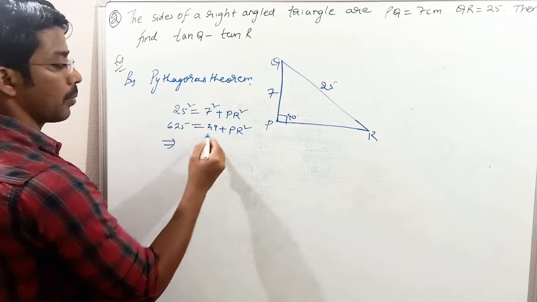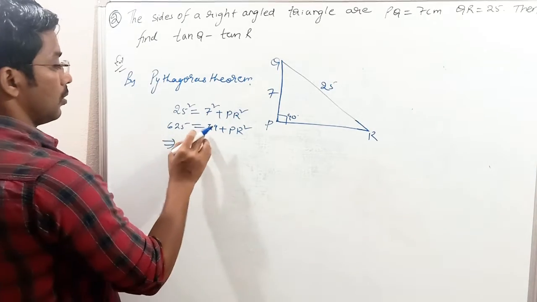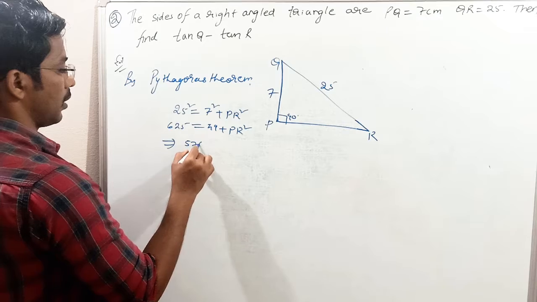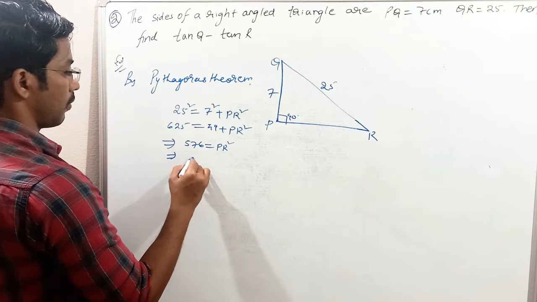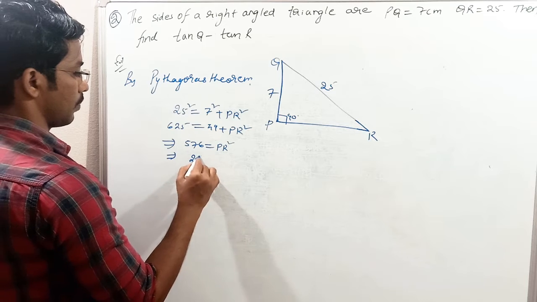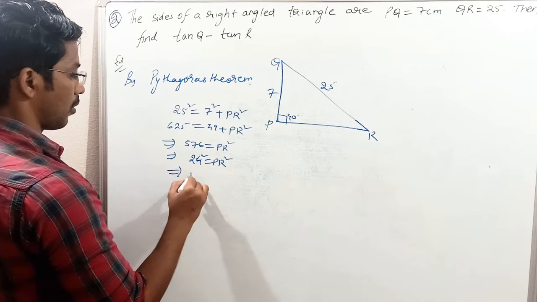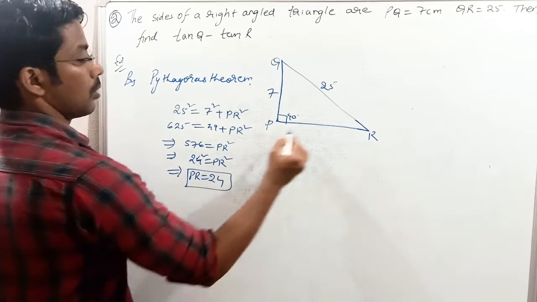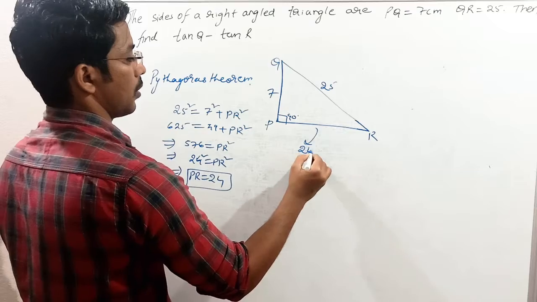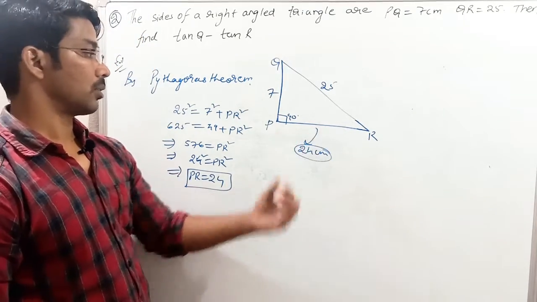Transposing 49 to the left hand side, 625 minus 49 gives 576. 576 is the square of 24. So the value of PR is 24 centimeters.